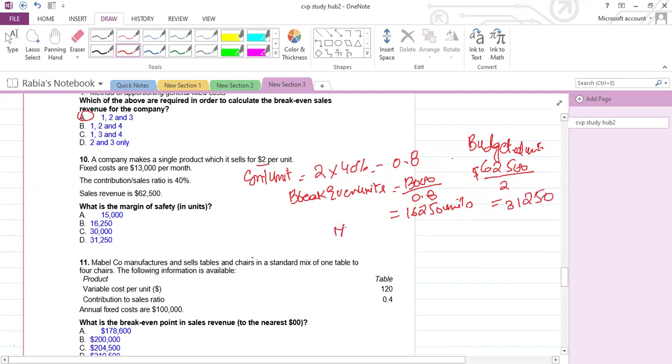Now calculate the margin of safety, that is 31,250 minus 16,250. You will get your margin of safety. That is 15,000. So option A is the right option.